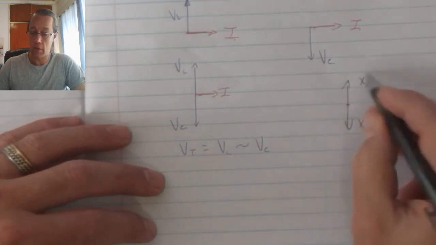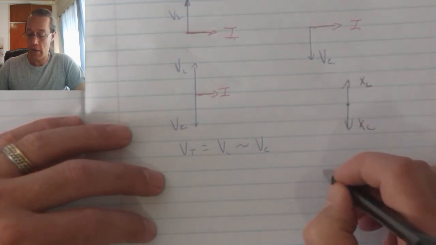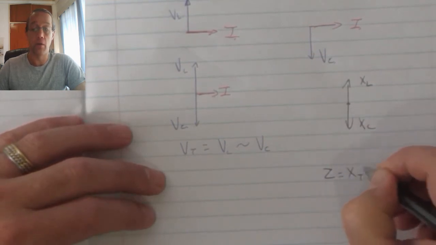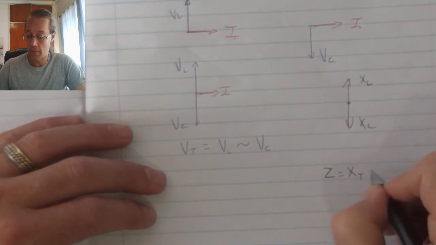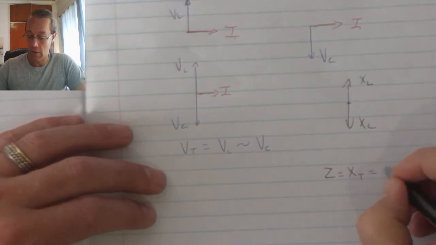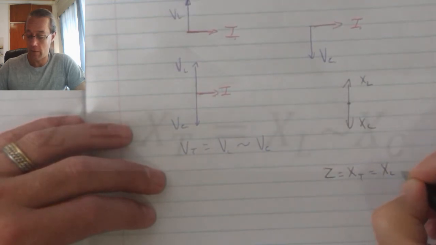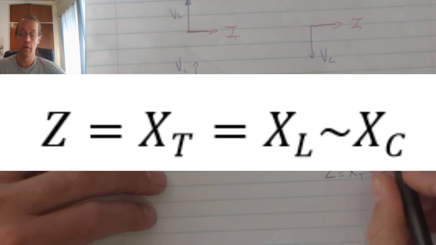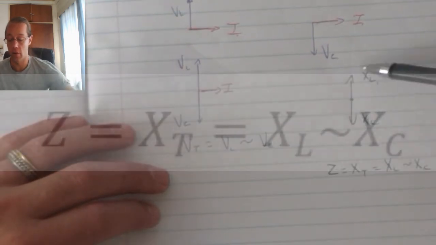So in an LC circuit, Z, or the impedance, is equal to X total, which is the total reactance in the circuit, and that is equal to XL, wavy minus XC. Remember, the wavy minus, we're subtracting the two values from each other in order to get a positive answer.